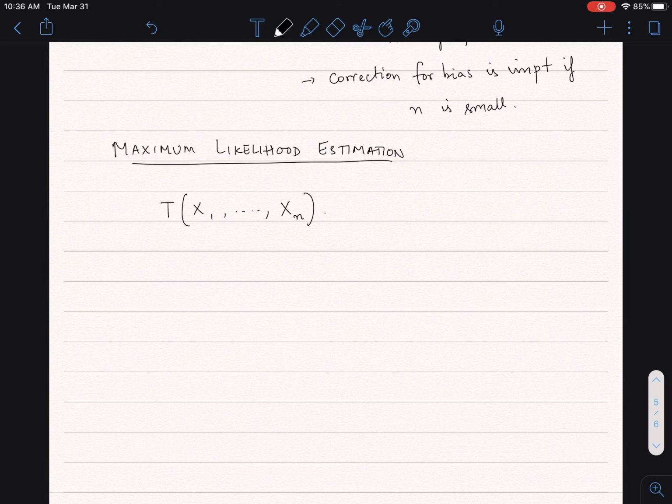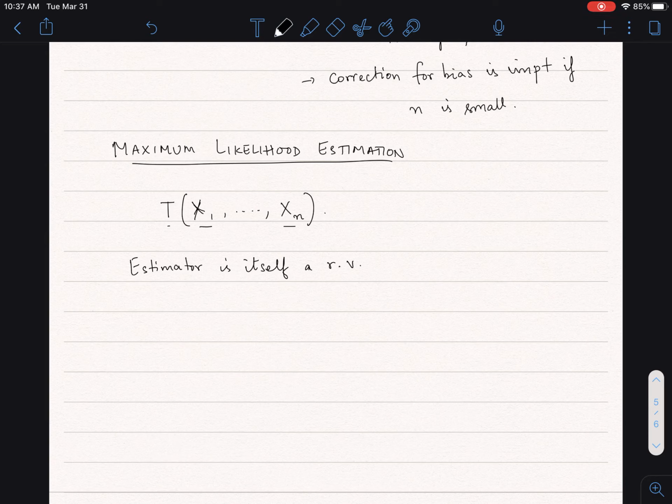We treat the observations as independent random variables, and an estimator is just a function of these. And as we said, the estimator is itself a random variable, and it has some distribution. We talked about unbiasedness and so on.